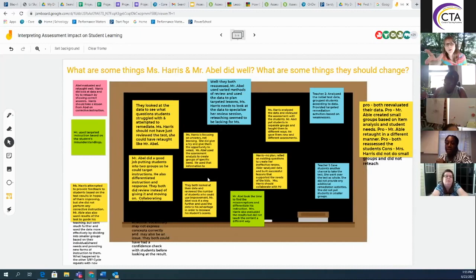And our group mentioned this on the last slide. We're assuming that they're at the same school, but what they could have done is that one of the teachers could have taken the kids that had mastered the skill already and done an enrichment activity with them. And the other teacher could have worked with the students from both classes that needed the reteaching. Yes.